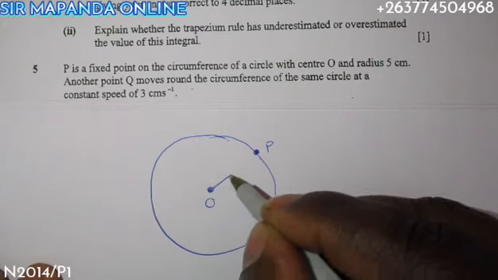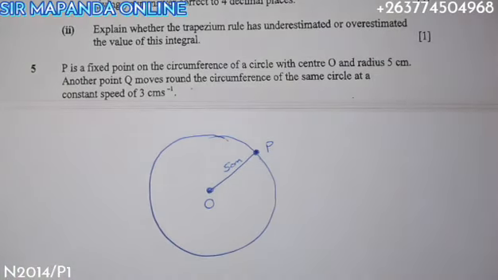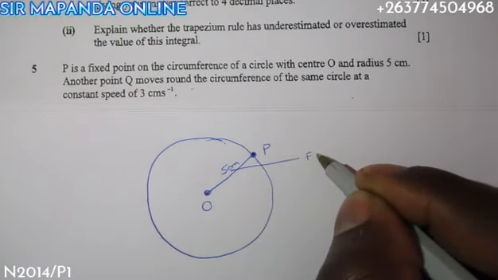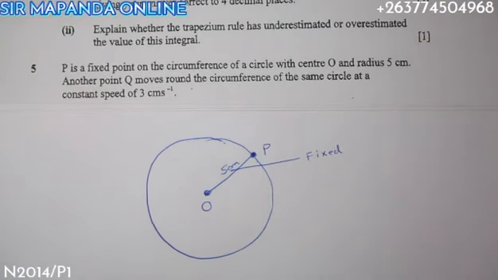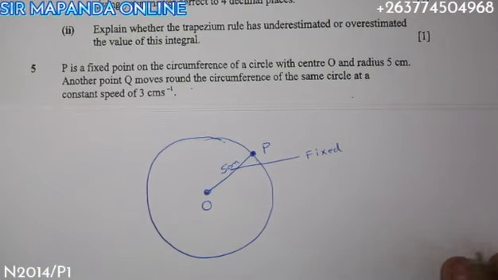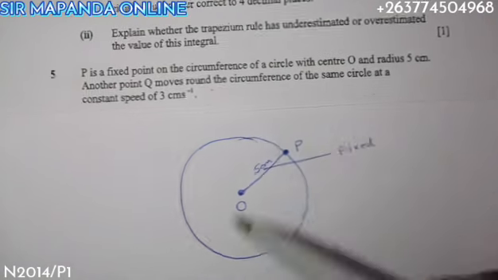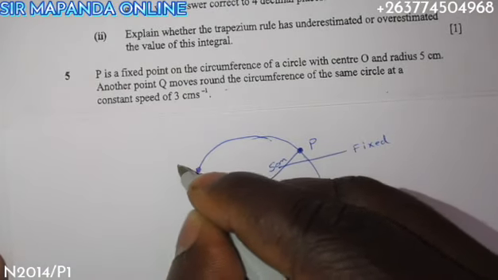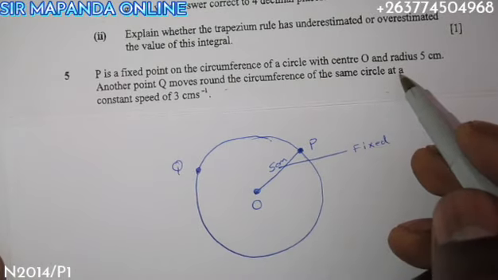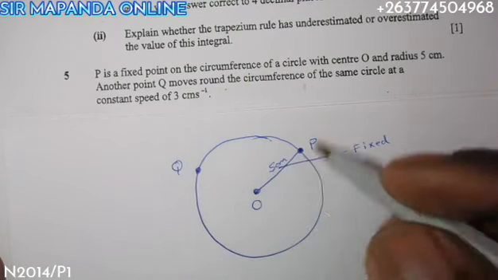So distance from O to P is given as 5 centimeters, and that distance is fixed. So you need to understand that 5 centimeters is representing a fixed radius, which is not going to change. Right. Another point Q moves around the circumference. So let us put Q on the circumference of the same circle at a constant speed of 3 centimeters per second.